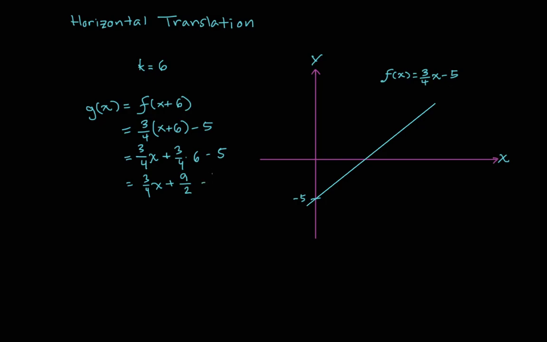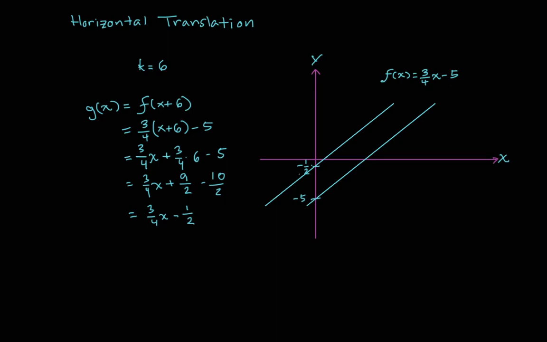And then we could write 5 as 10/2. And so we see our final translation gives us the equation 3/4 x minus 1/2. Okay, if we were to graph that, it might look something like this. So now it's a line whose slope is the same, 3/4, but now the y-intercept is negative 1/2.